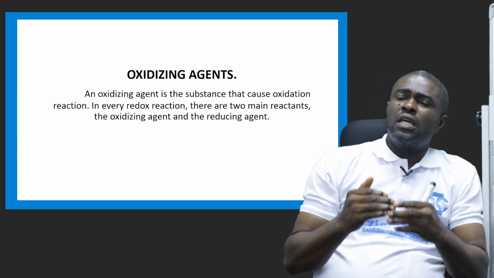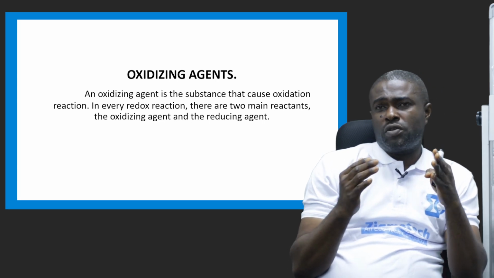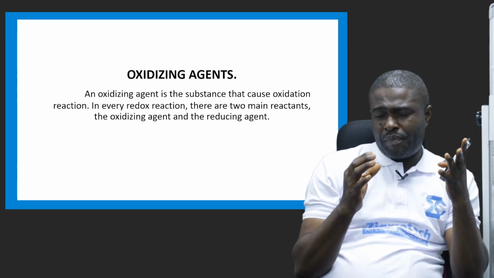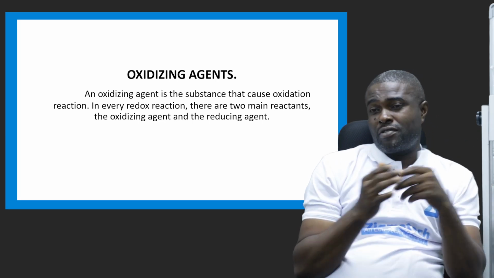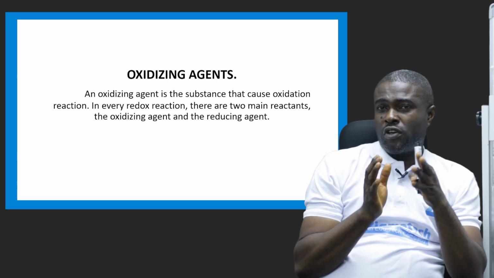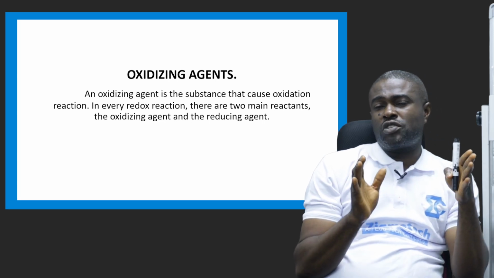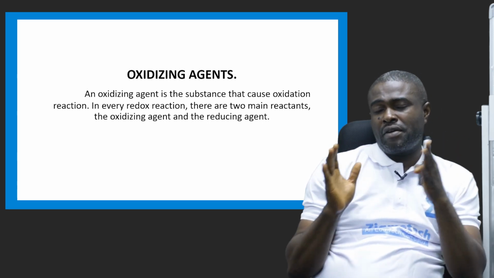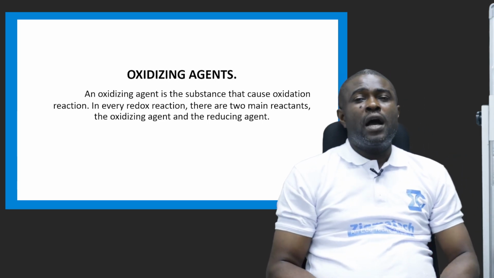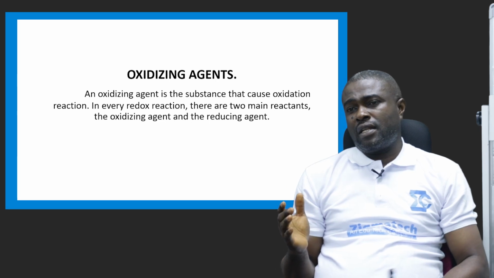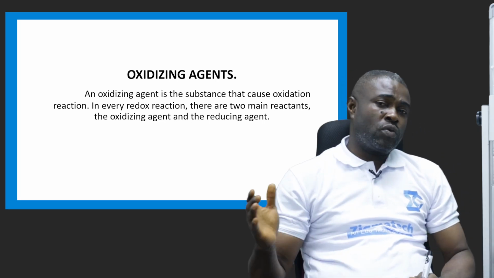In a chemical equation that showcases a chemical reaction, of course, you know that we have the left-hand side and the right-hand side. The left-hand side is the reactants, and the right-hand side is the products.